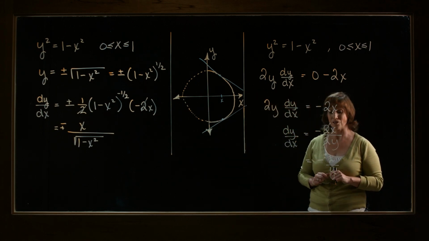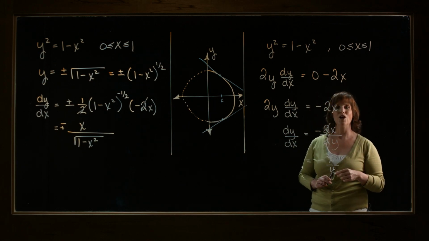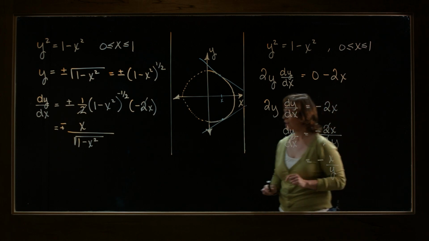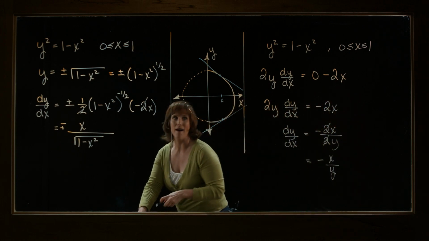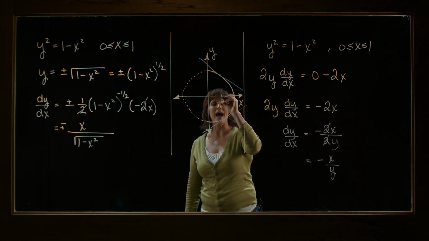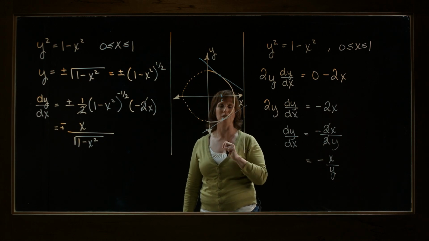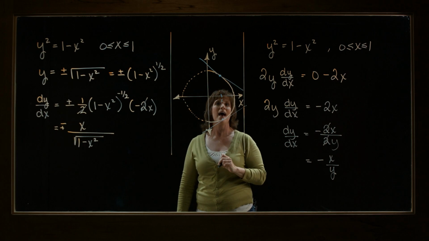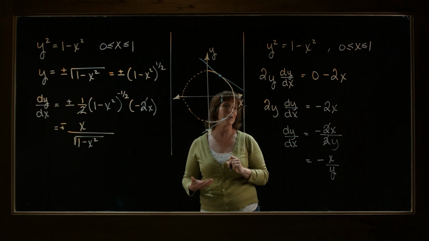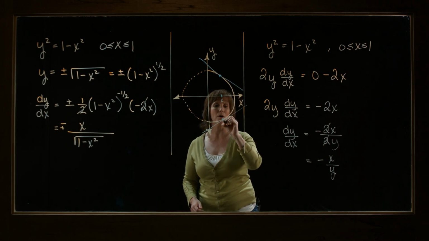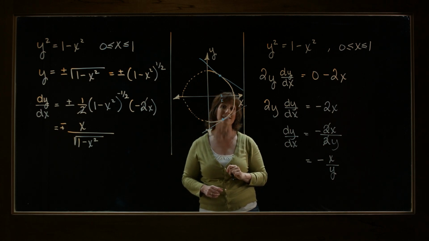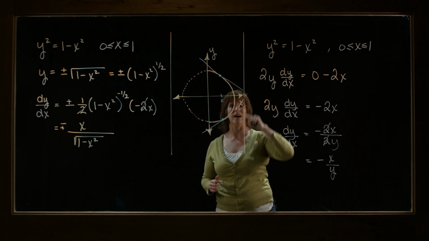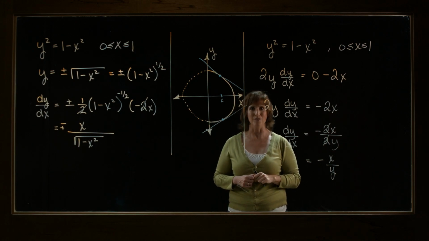Looking back at our picture, in this version, you're going to need to know what both the x and the y are. So if you know what both the x and the y are, for this input x, you're going to know which of these points you're going to be looking at. So you'll either be looking at a possibility where x is positive and y is positive, or the possibility where x is positive and y is negative. And in either case, you'll get the slope of the tangent lines. I hope this was helpful. Thanks.